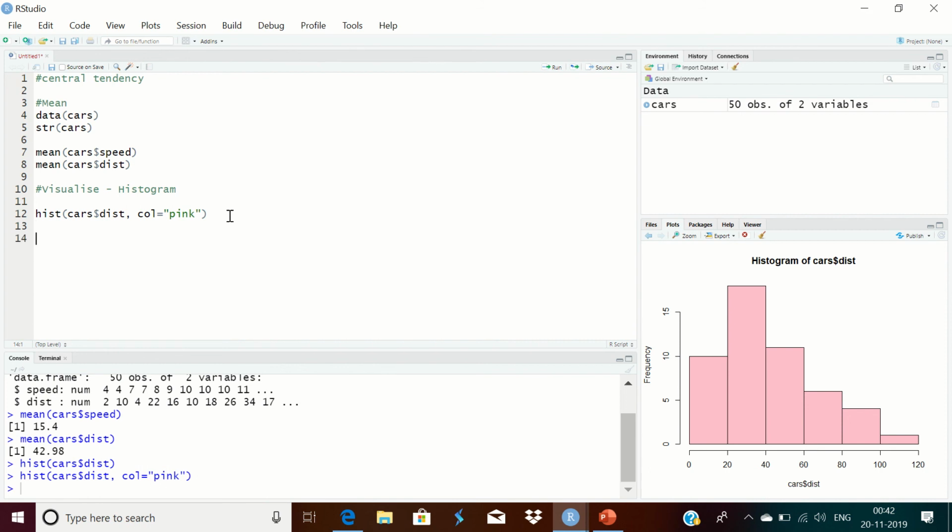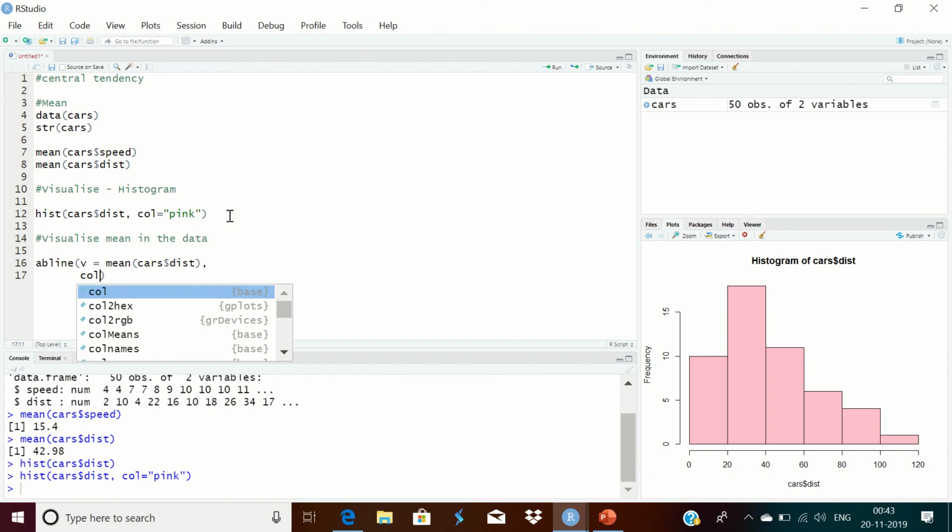Now this is all it is, and now let's try to visualize the mean in the data, right? So what we do, we use the function abline, and we say v equal to mean, and the variable that we want to look at is distance. I want to give it a color.